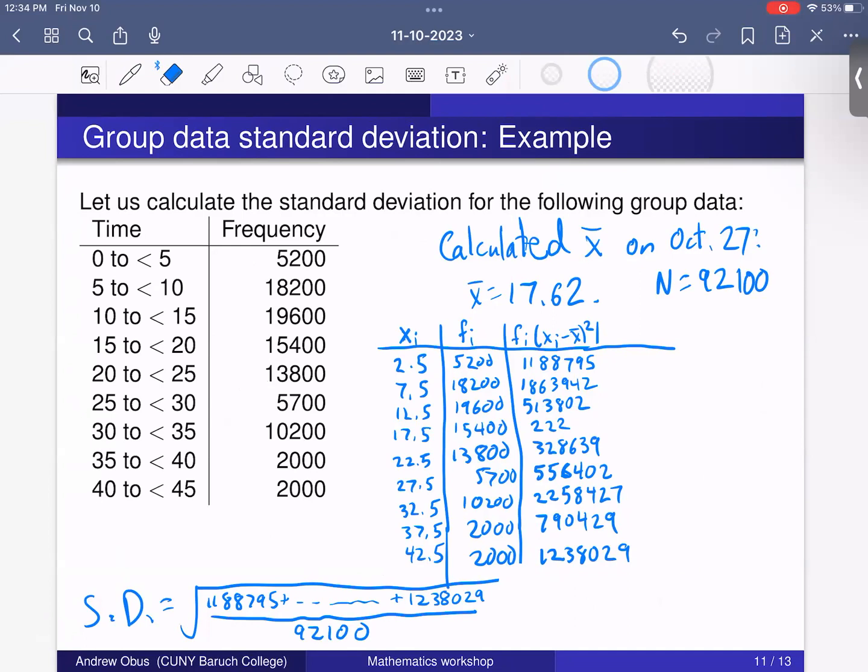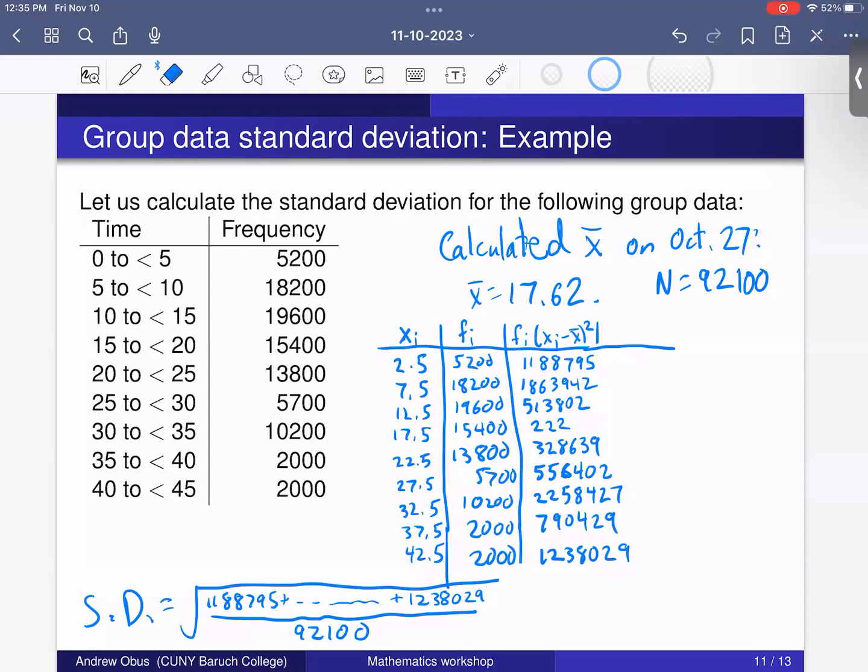So let me just do this. First, I have the square root of 1188795 plus 1863942 plus 513802 plus 222 plus 328,639 plus 556402 plus 2258427 plus 790429, and then plus 1238029.